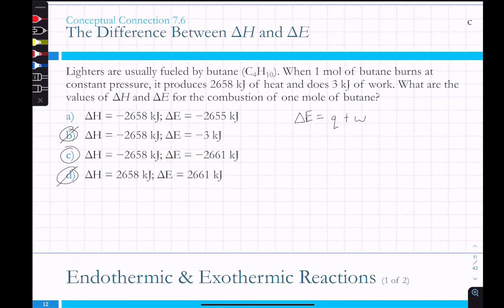So it's taking energy from the system to do work on the environment. Just like if you were to push something heavy, it would take energy from you to push the thing. If you're the system, you're losing energy. You're expending energy. So delta H, or I mean, C is the right one because delta H is just the heat component, and delta E is the heat plus the work being done.